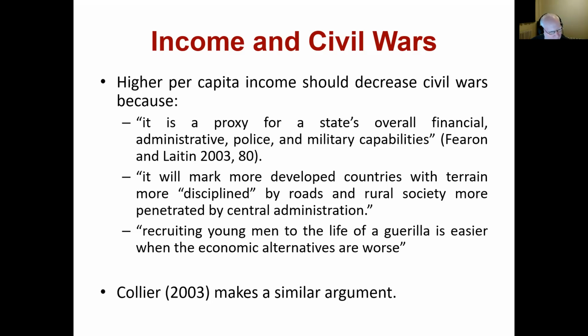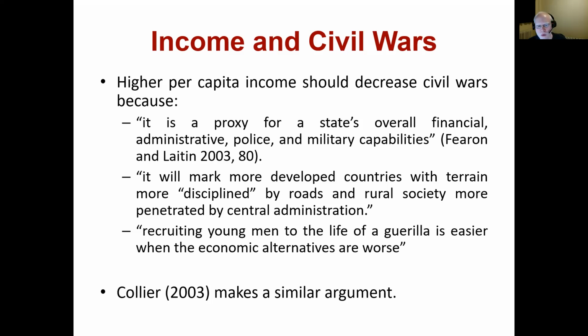Recruiting young men or women to the life of a guerrilla is easier when the economic alternatives are worse. So also with higher per capita income, the stronger the economy is, the more other opportunities there are for recruits. Imagine you're a potential recruit for a guerrilla organization, and imagine how you would consider your options in the following two scenarios. First scenario, high per capita income.